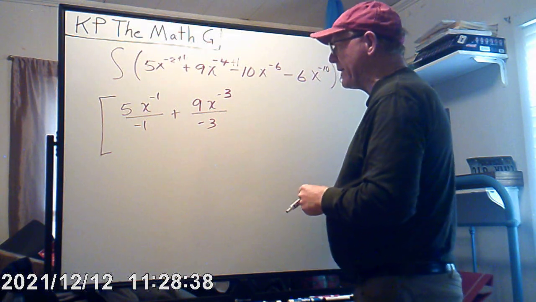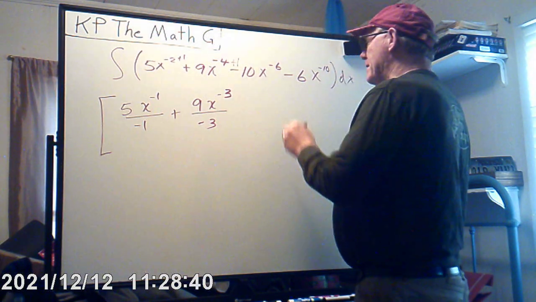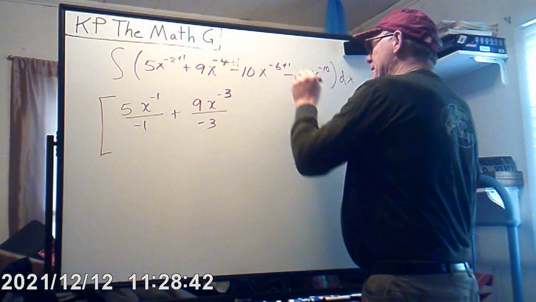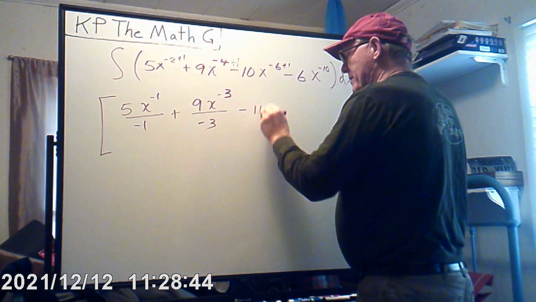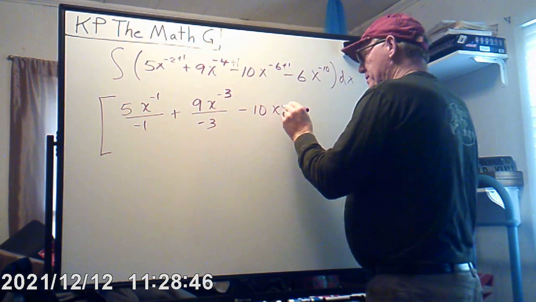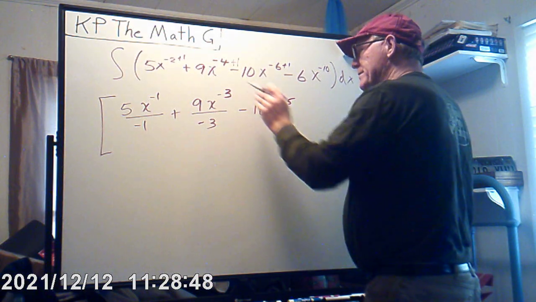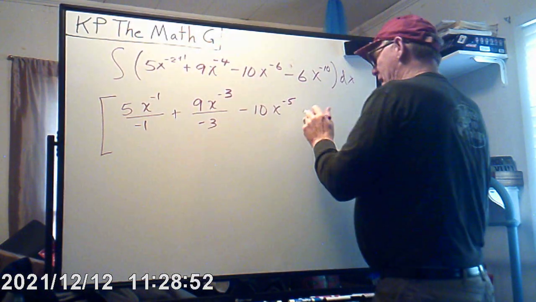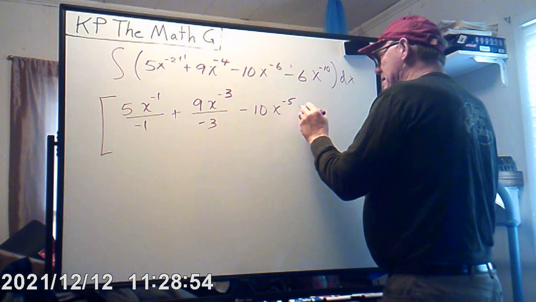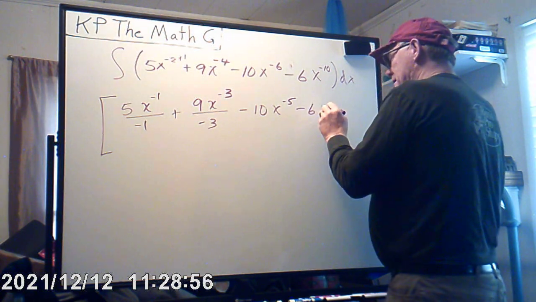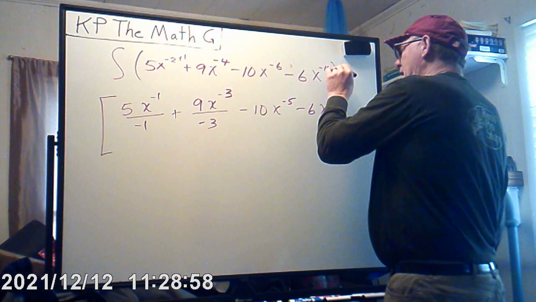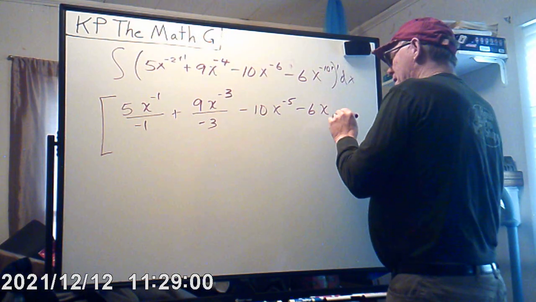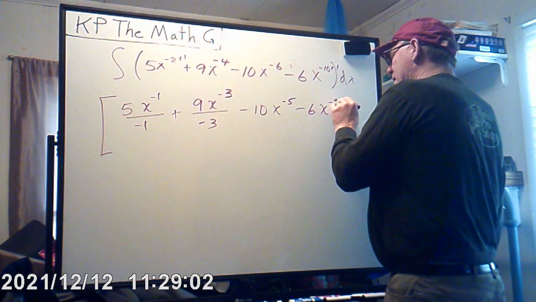Alright, add 1 to this one, that's going to be minus 10x to the negative 5. Always remember to add 1 in integrating. Minus 6x, add 1 to that, and that's going to be negative 9.